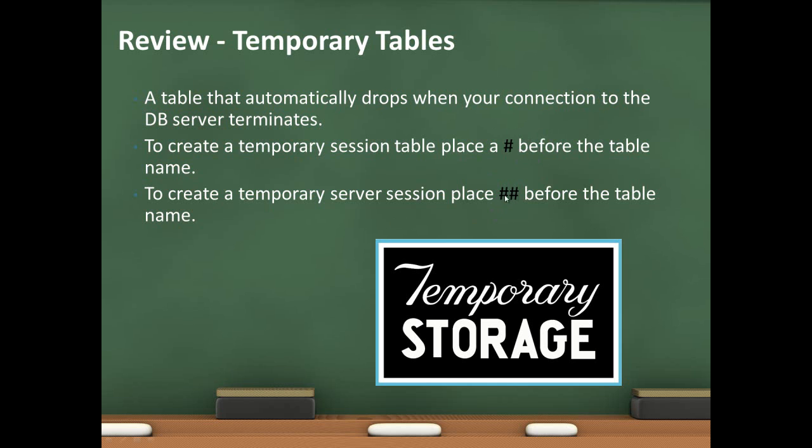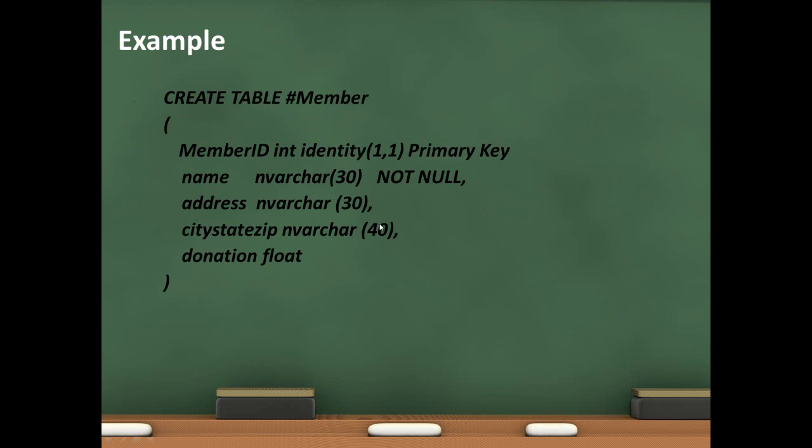If I have 2 pound signs, that is then a server table, and that is not removed, and these are dangerous tables, by the way. These are tables that are not removed until I reset my entire server, and some servers aren't reset. You know, I know some developers that will brag and say they haven't had to reset their server for a year. That would mean that these temporary server session tables stay for a year, and they don't stay within your tables list. You don't know that they exist out there unless you call on them. So again, to create that temporary table, you would simply put a sign in front of that table when you create it.